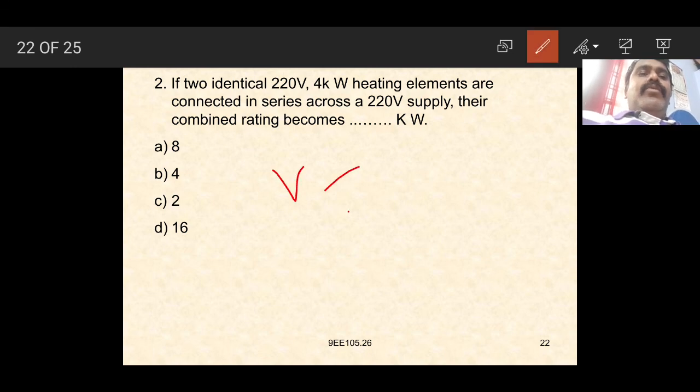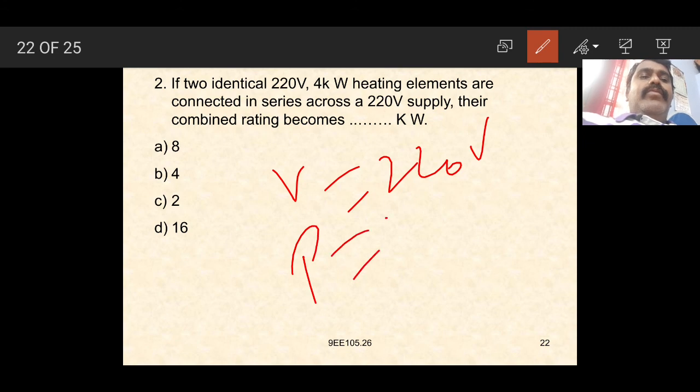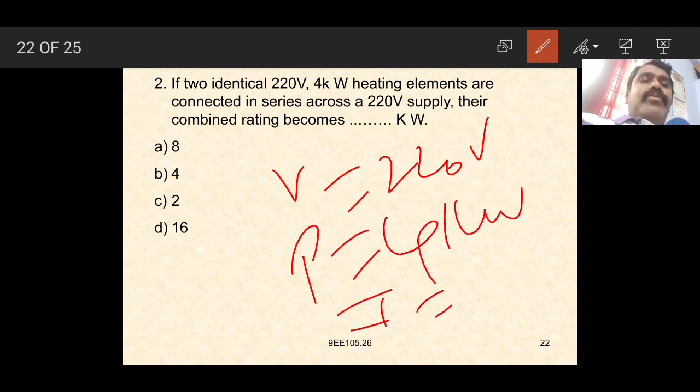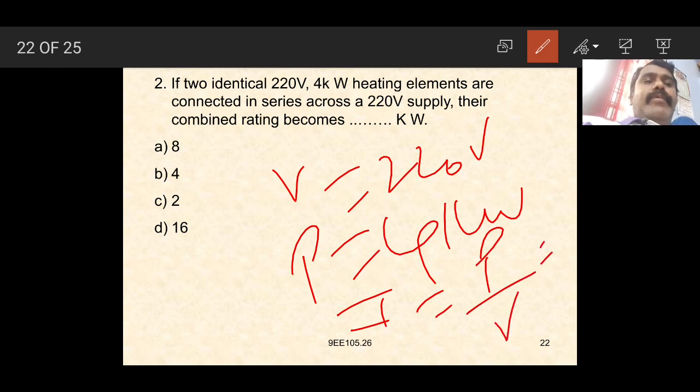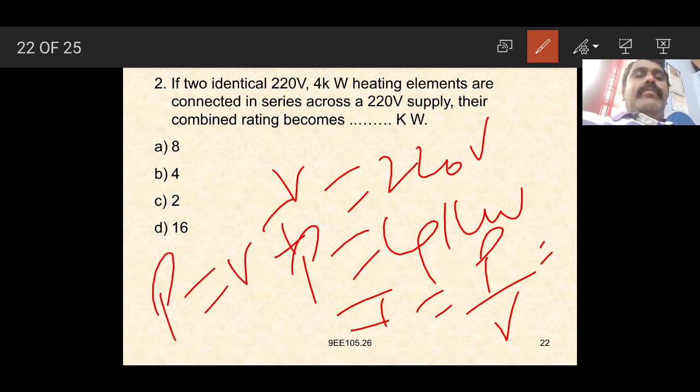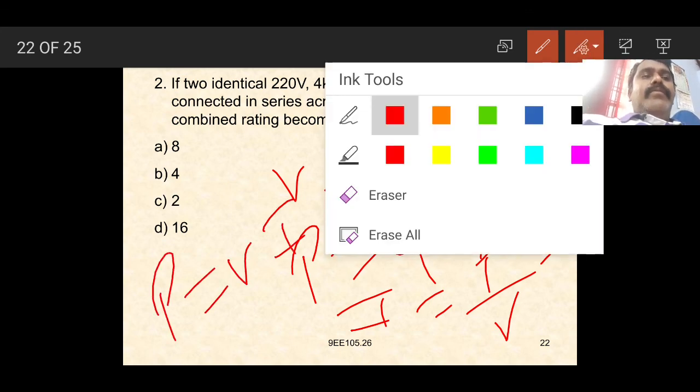Here V is equal to 220, P is equal to 4 kilowatts. We can express I is equal to P by V. So P is equal to V into I. So we get the power value.